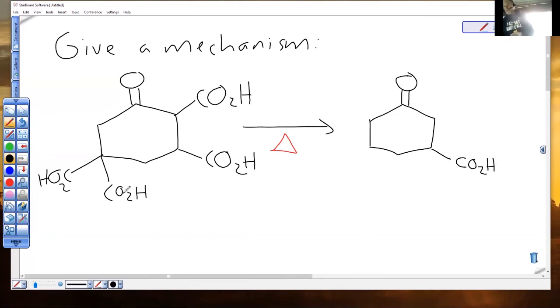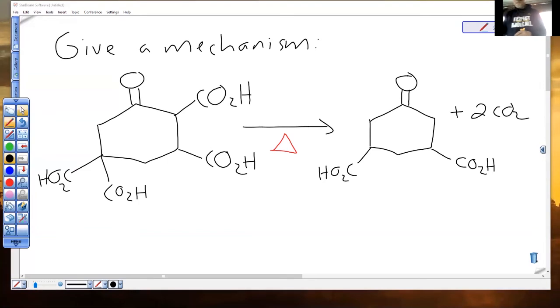This CO2H is beta to the other, or vice versa. This CO2H is beta to that one. And keep in mind that once one of them's gone, the other will remain and it won't be beta to another carbonyl. So you will have one remaining CO2H. And we will have lost 2 CO2s.